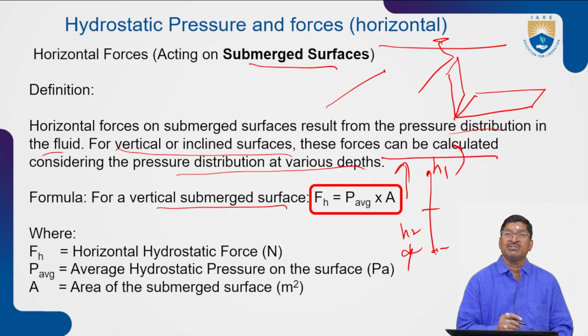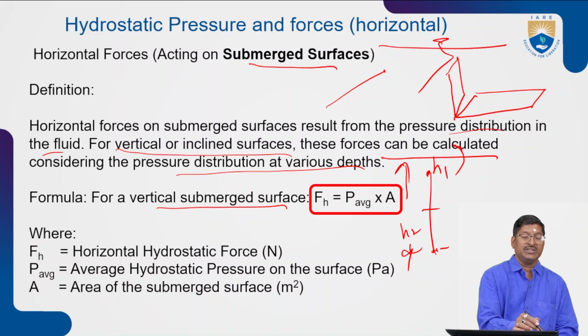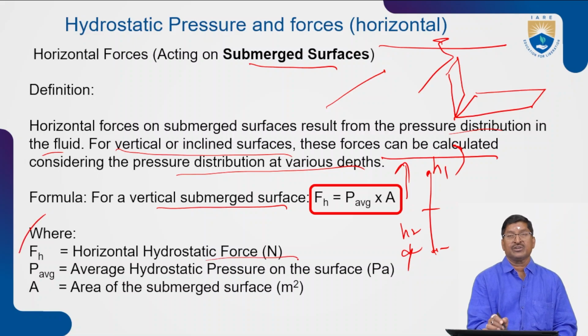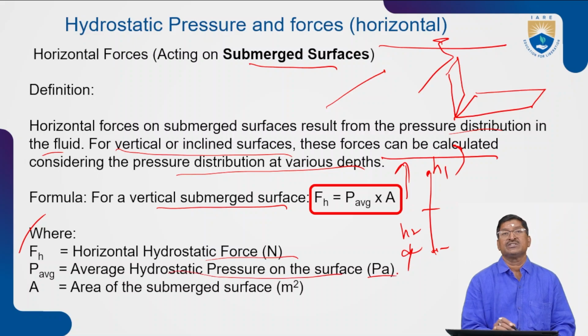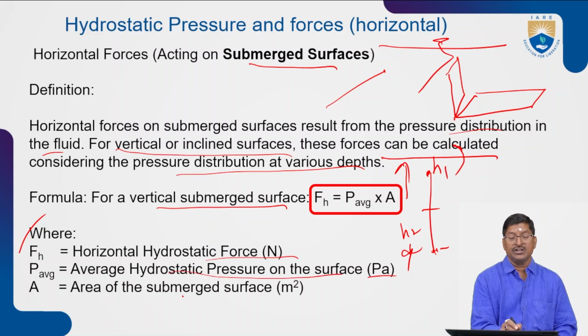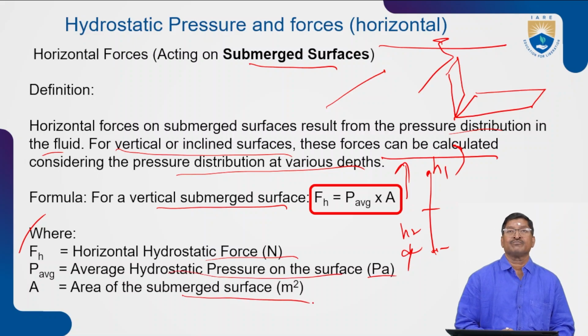If you multiply with the area of that particular surface, you get the hydrostatic force acting on that submerged surface. Where Fh is the hydrostatic force in newtons, P average is the hydrostatic pressure on the surface in pascals, and A is the area of the submerged surface in meter square.